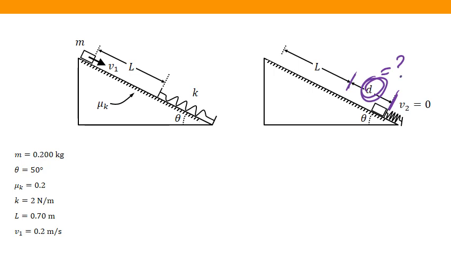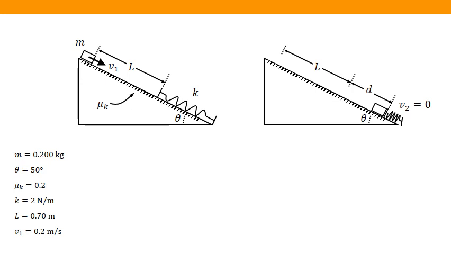This is what I don't know. But I do know that in order to answer the question, how far will the spring compress before my block comes to a stop, then my final velocity, the velocity for this second picture, is going to have to be 0. So here you can see now I've got my pictures. I'm ready to begin to analyze and set up my equations.